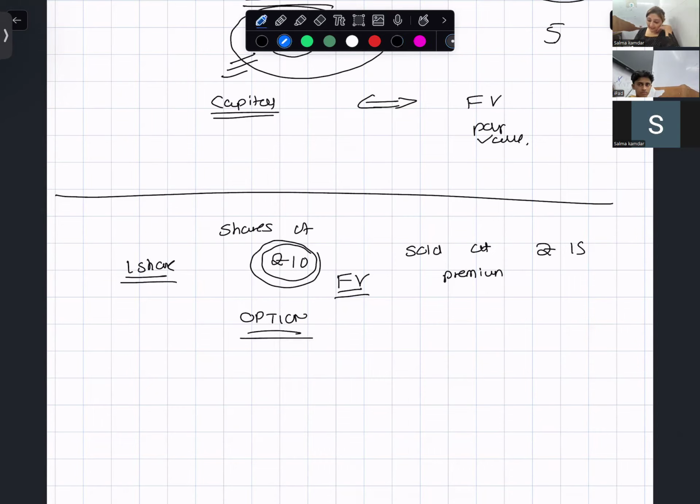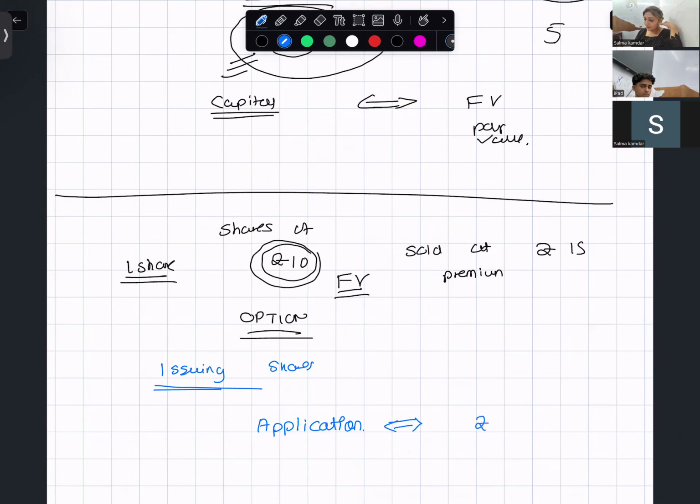We tell the people that whenever we are issuing shares, that means we are offering this share to you, that you can come and buy these shares. Okay? We will give you an option that when you are applying for the shares, you need to pay me money on application.